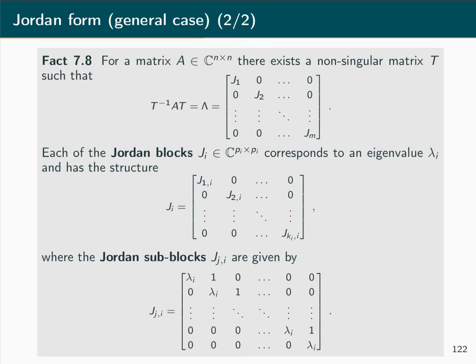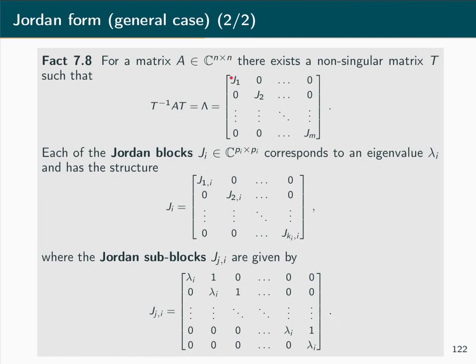And if we change the basis by taking T inverse AT, we get the representation of the matrix A in the new basis, which is called lambda, and it looks as shown here. So it consists of a total of m so-called Jordan blocks.